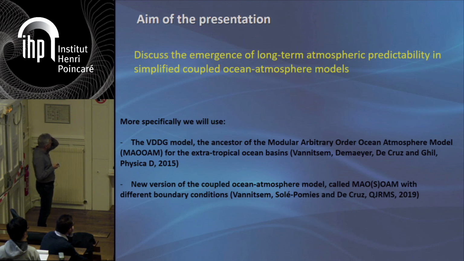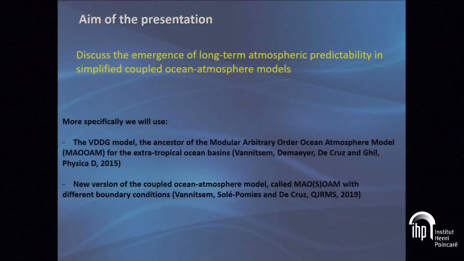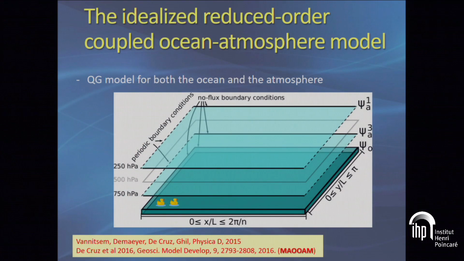And it's the ancestor, in fact, of the modular arbitrary order ocean atmosphere model, MAOAM, that was used yesterday by Alberto, and also a new version of the coupled ocean atmosphere model, for which we change, in fact, the boundary conditions in the ocean. Okay, so let me present you now the model.